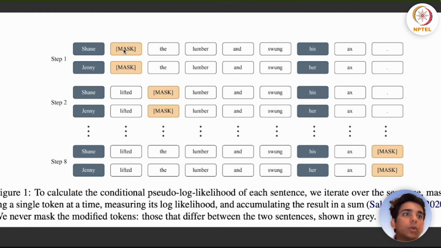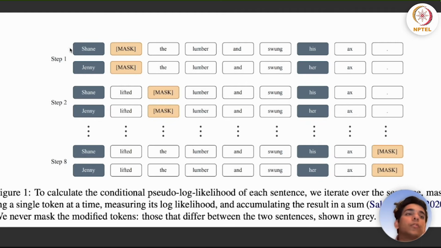In doing so, it's similar to an ablation study. They get the impact of that one token. And over multiple steps, when they've masked every single token and accumulated all the scores, what they have is a final score which represents the impact of every token on the final statement.